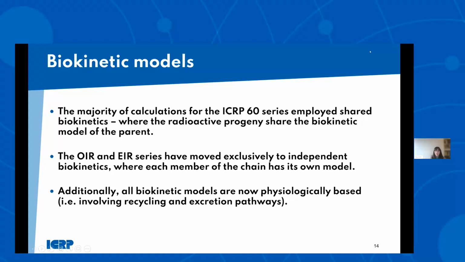OIR and EIR have moved exclusively to independent kinetics, so each member of the chain has its own model. Additionally, all of the biokinetic models now, as you've heard from Rich and from Vlad, are physiologically based, and they involve recycling and excretion pathways where the data is available.